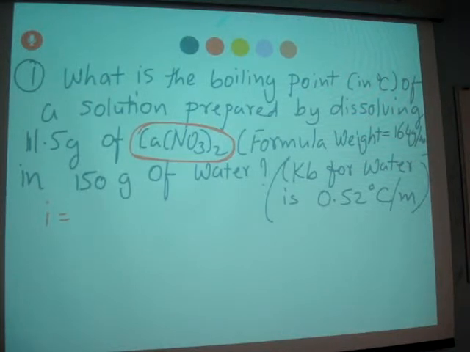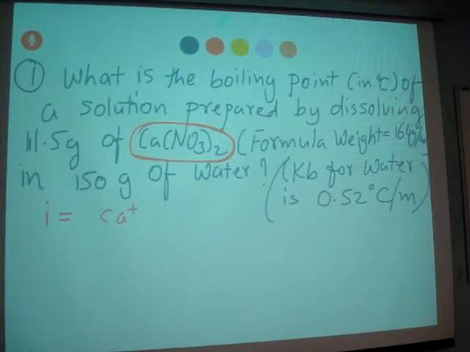How do you find out whether it's an electrolyte or a non-electrolyte? If it is an ionic compound, it dissolves completely in water and gives ions, 100% dissociation. So in Ca(NO3)2, how many ions does it dissociate into?